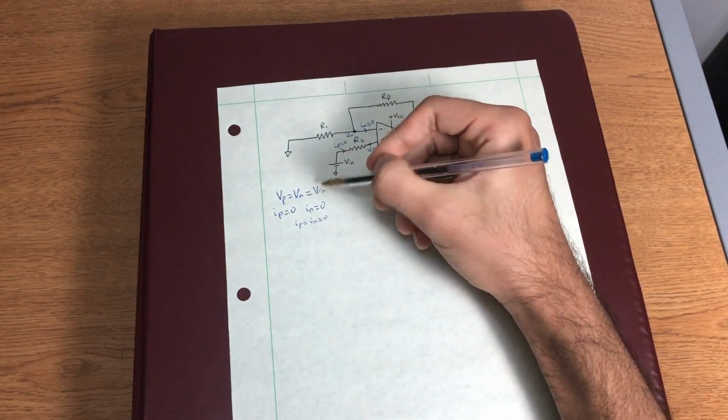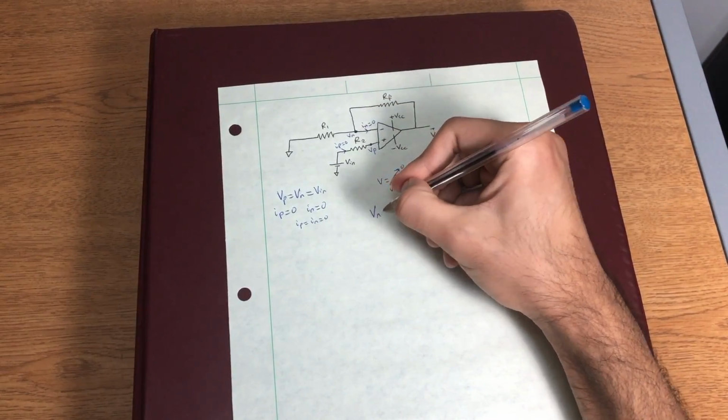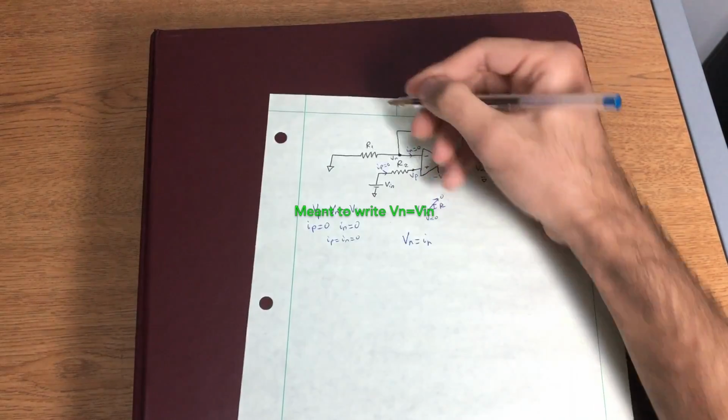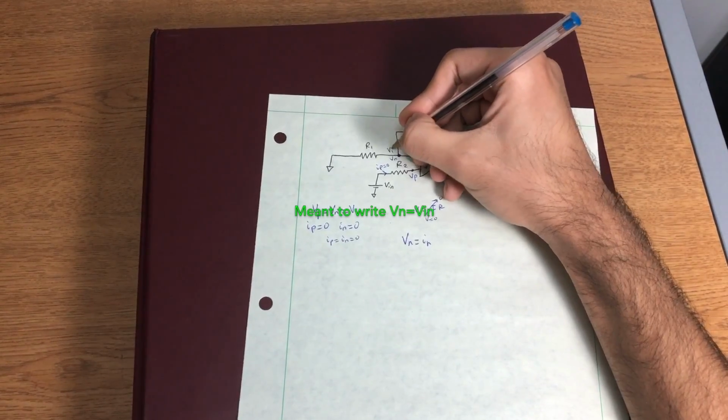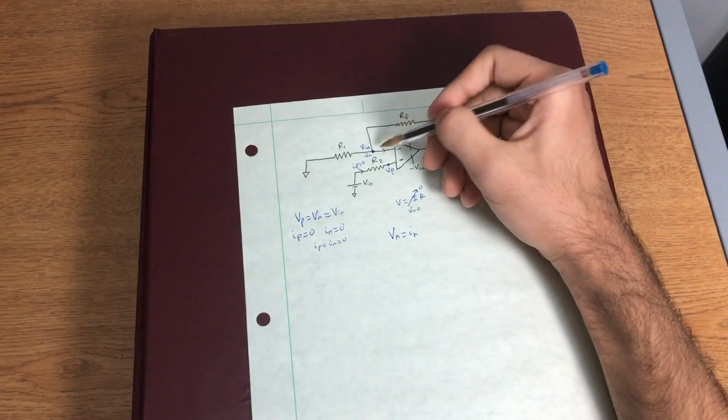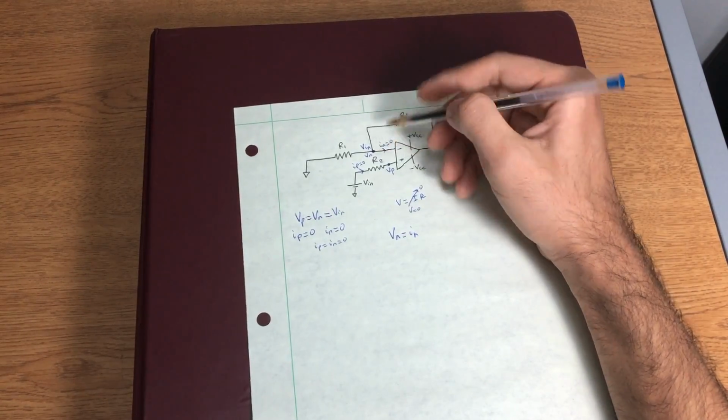And as you can see, this relation just told us that Vn is equal to Vin. So now we know that this voltage right here is equal to Vin. Now again, we want to do a KCL at this node of the circuit.